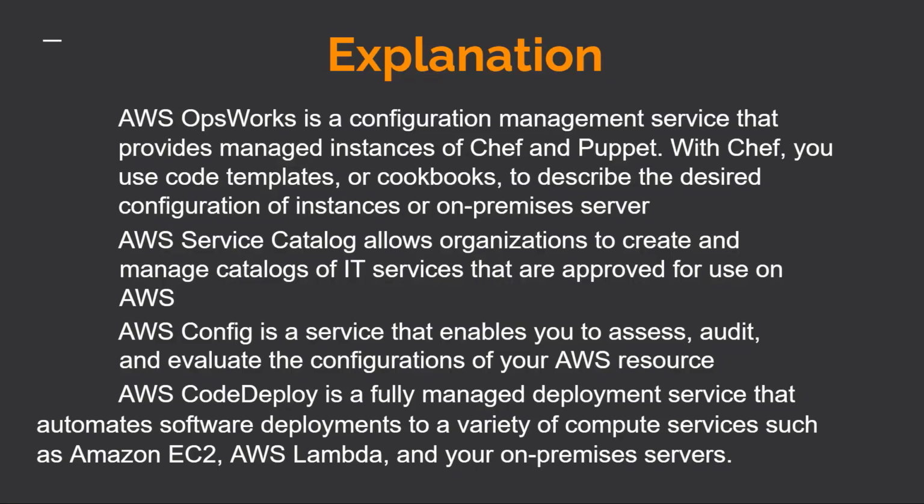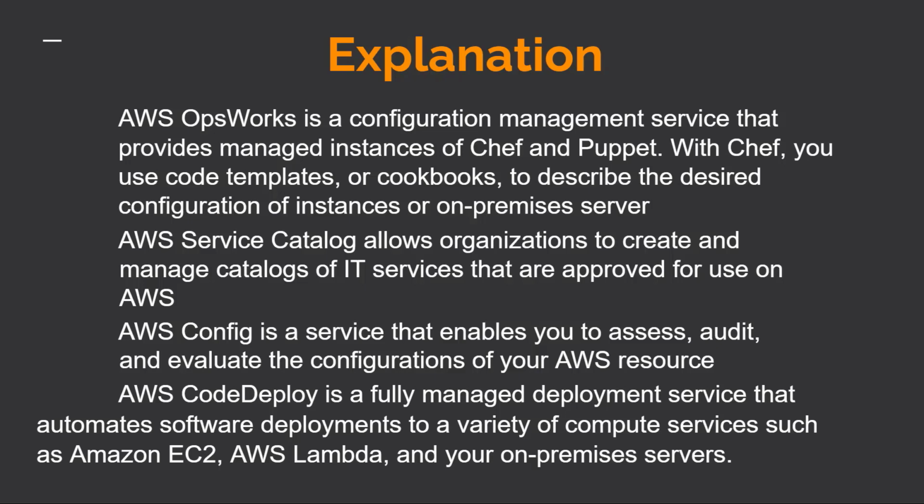Explanation: AWS OpsWorks is a configuration management service that provides managed instances of Chef and Puppet. With Chef, you use code templates or cookbooks to describe the desired configuration of instances or on-premises servers. AWS Service Catalog allows organizations to create and manage catalogs of IT services that are approved for use on AWS.